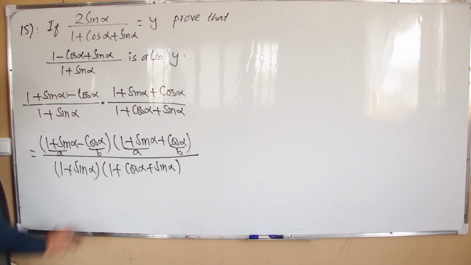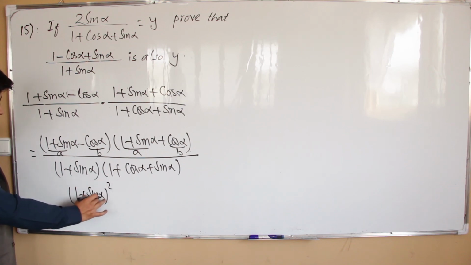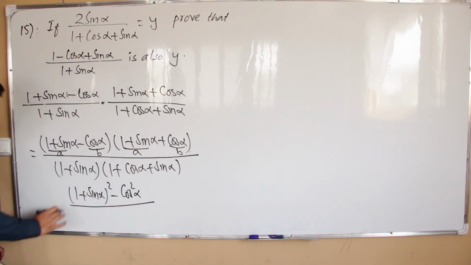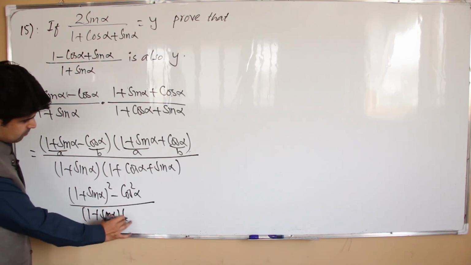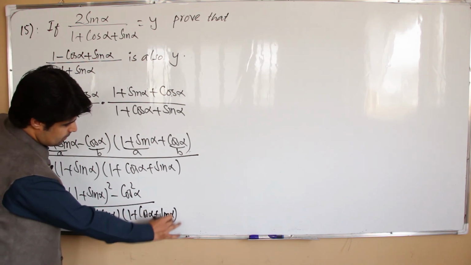So A minus B, A plus B, it is A squared minus B squared. I mean 1 plus sine alpha squared minus cosine of alpha squared, divided by 1 plus sine alpha, 1 plus cosine alpha plus sine alpha.